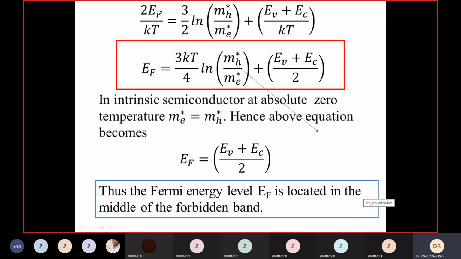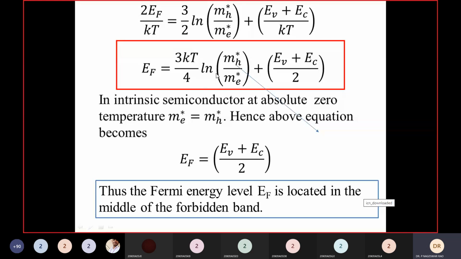After applying the log, we get this value from this equation. We are calculating Ef, the Fermi level. Ef is equal to, sending this kT to this side, 3kT by 4 into ln of (mh/me). The kT and the 2 also multiply this term, so kT gets cancelled and we get (Ev + Ec) by 2.